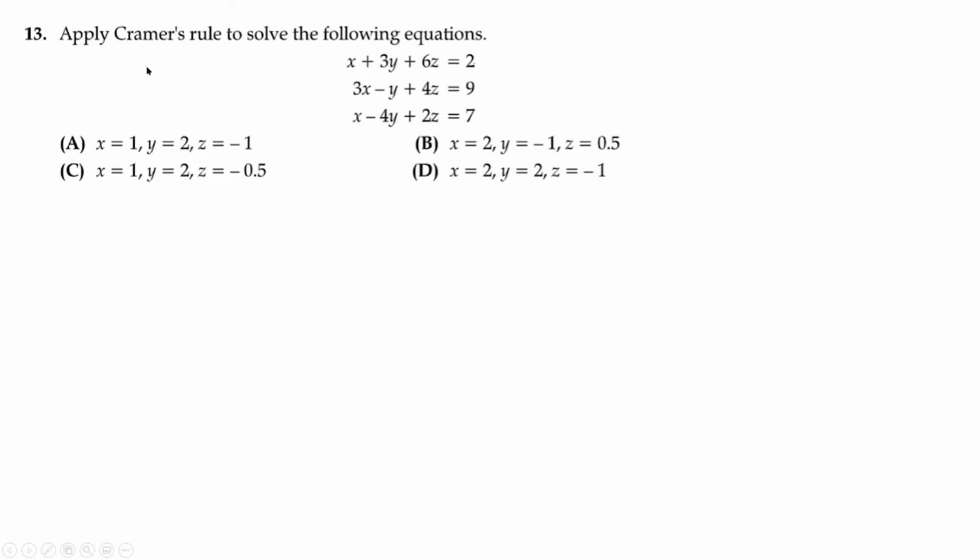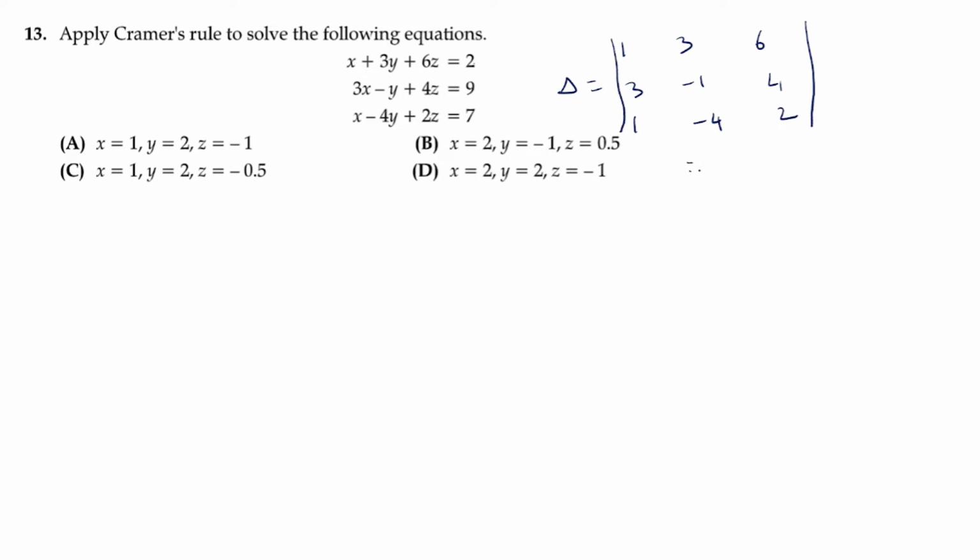Next question: apply Cramer's rule to solve the following equations. So here we have these three equations. We have to find x, y and z. So first let us find delta. Delta is the determinant of the coefficient matrix: 1, 3, 6; 3, minus 1, 4; 1, minus 4, 2.